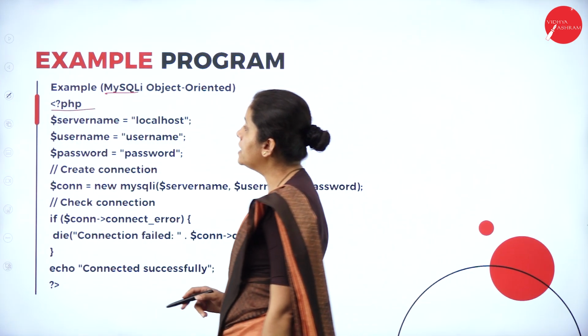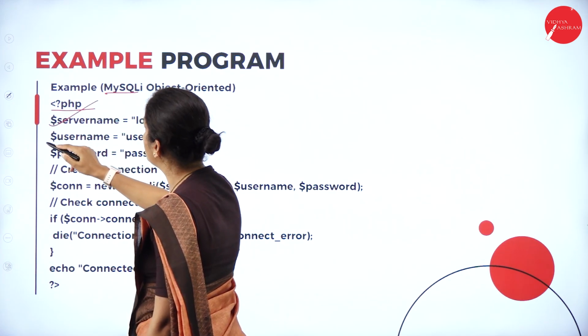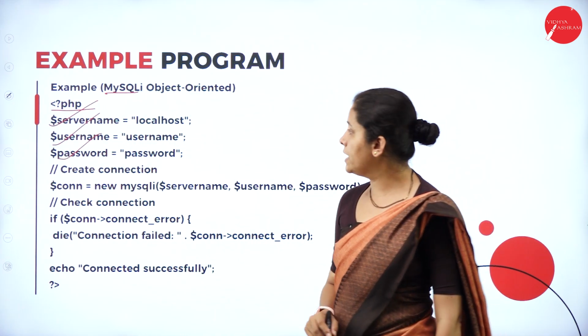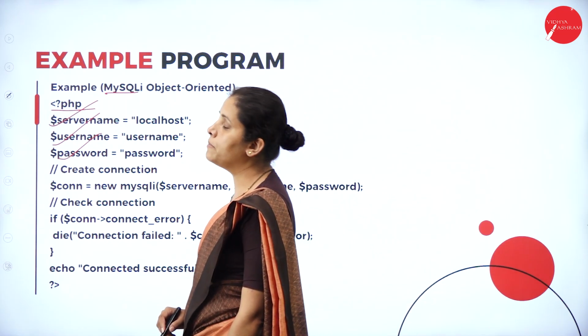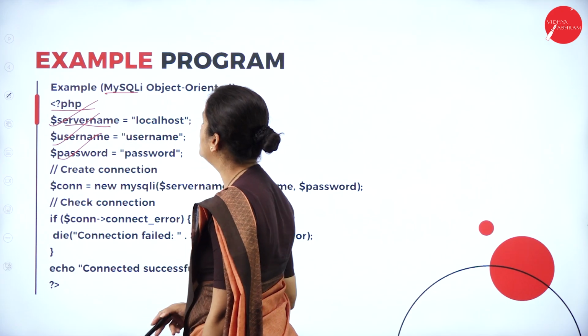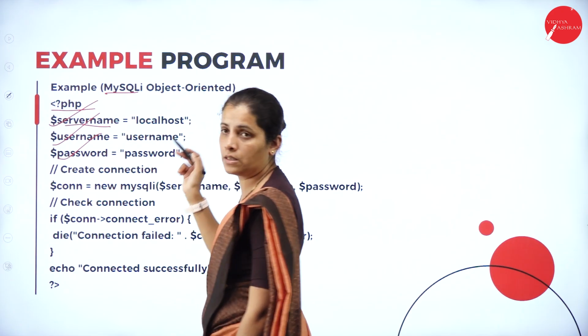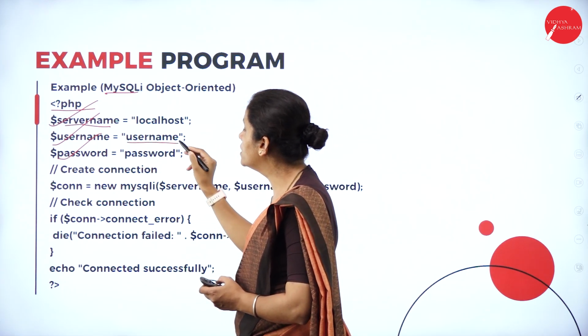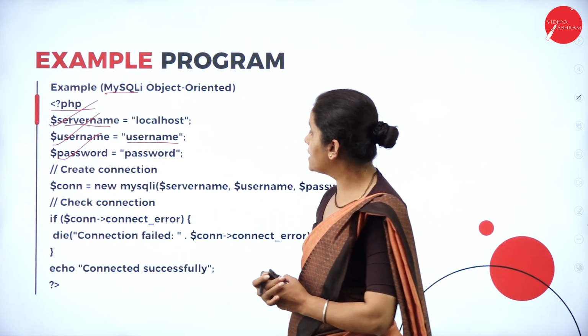How many variables am I considering here? Three variables: one for server name, one for username, and one for password. What is the name of the server? That's nothing but localhost. The user is username, and the password is password.